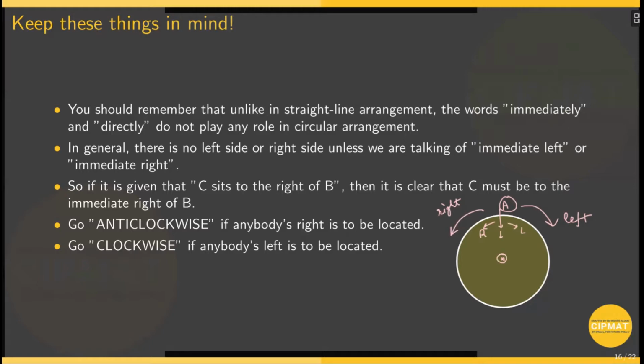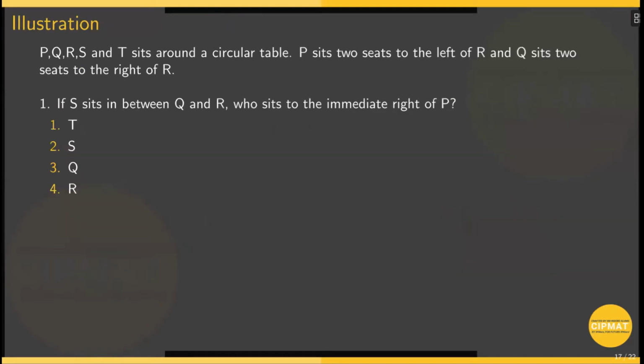I think we have done enough theory. Let's take up an example and see how we can apply this theory. In this question, it is given that P, Q, R, S, T sit around a circular table. Every sentence means something.